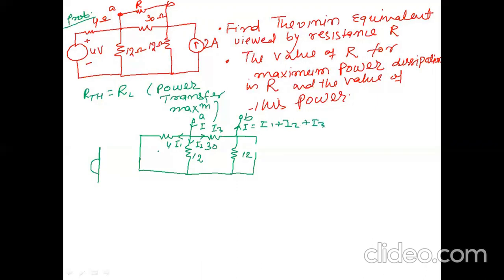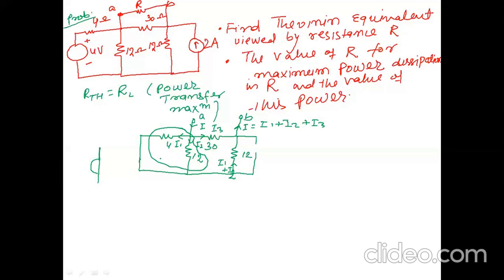See, this I1 and this I2 are both in parallel, and this I1 plus I2 is going in this direction. None of the part will go here because this part is open circuited. So these two resistances are in parallel and its equivalent is in series with this resistance.